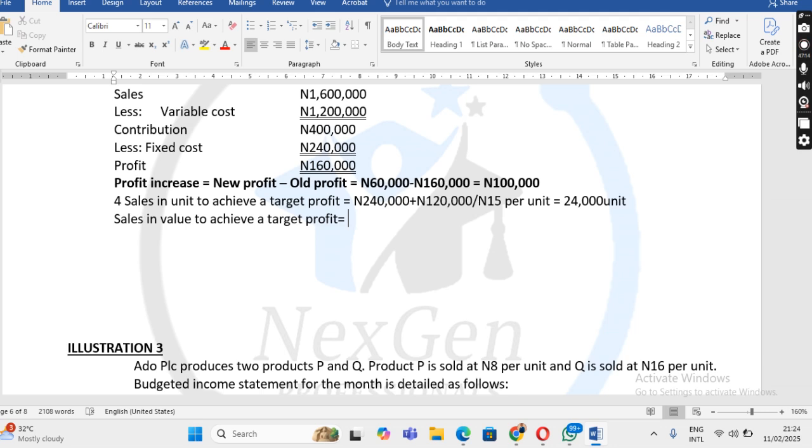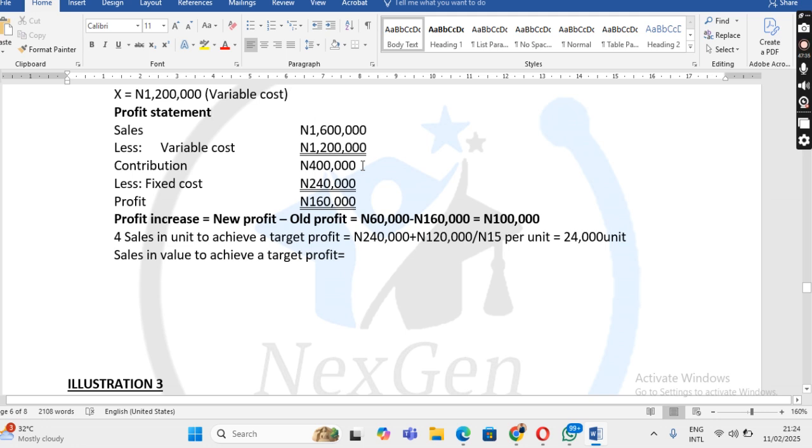I may decide not to go by that route. I can decide that this is units, multiply it by the selling price per unit, the real selling price per unit. The question did not make reference to the increase that you just got here, so please pay attention to the question. Since the question did not make reference to these sales, you make use of your normal data unless stated otherwise, class.